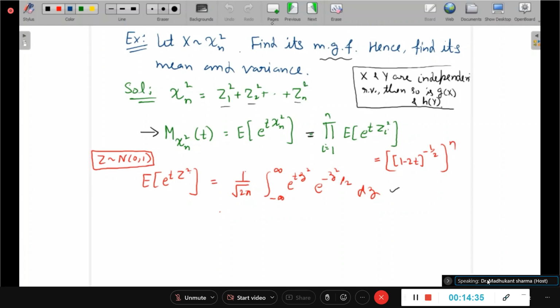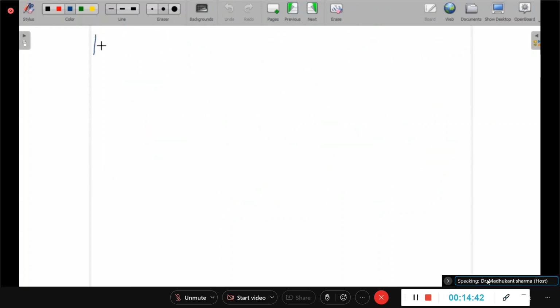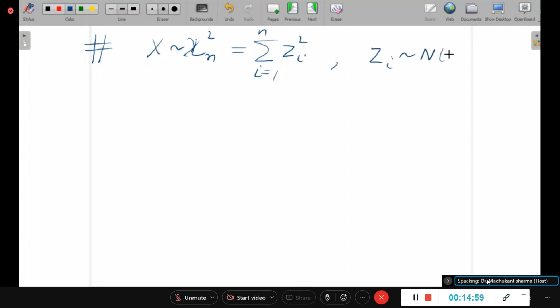So what we are interested in is X following the chi-n square, which is nothing but the summation i equals 1 to n of Zi square, where each Zi follows the normal distribution with mean 0 and variance 1, for i equals 1 to n.